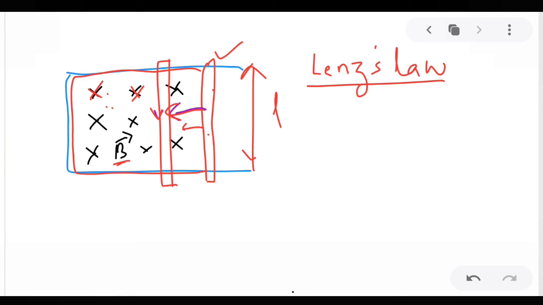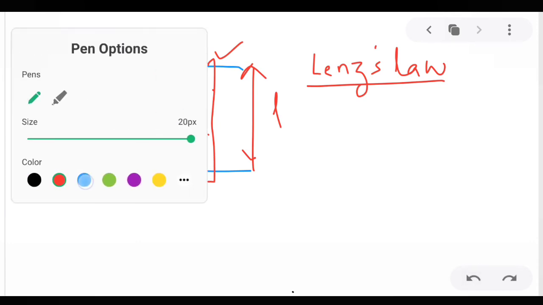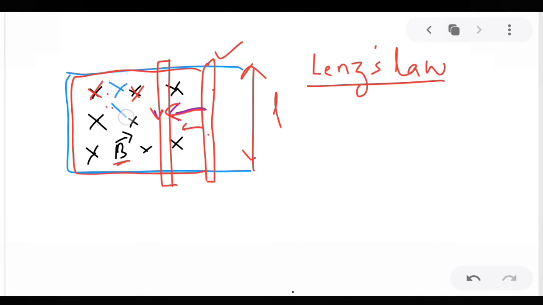That means the induced EMF will be such that it will produce a magnetic field in this region, which will be in the inward direction. It is marked by these blue crosses, where these blue crosses represent B induced, in the inward direction.